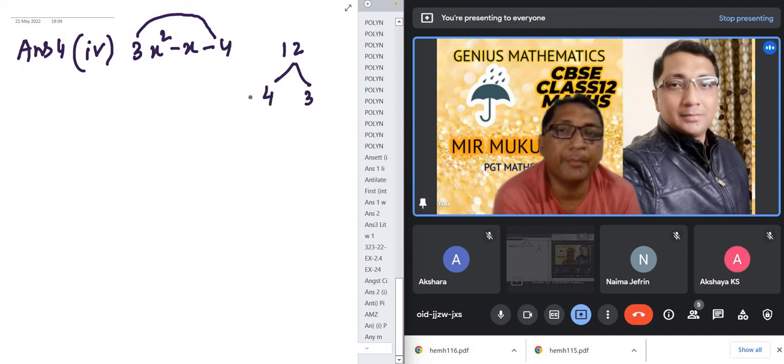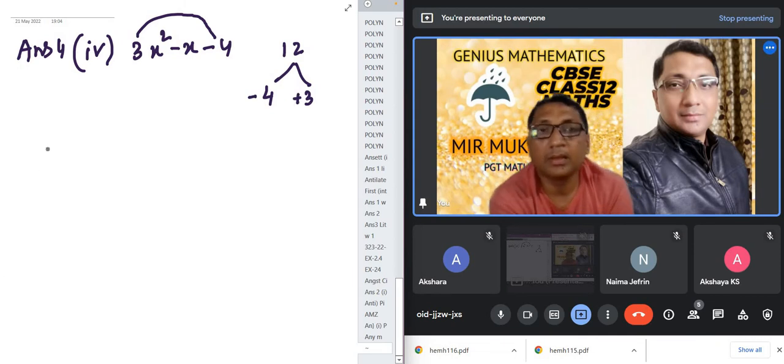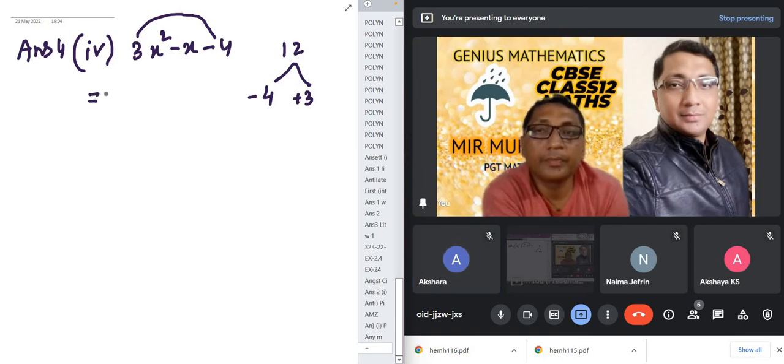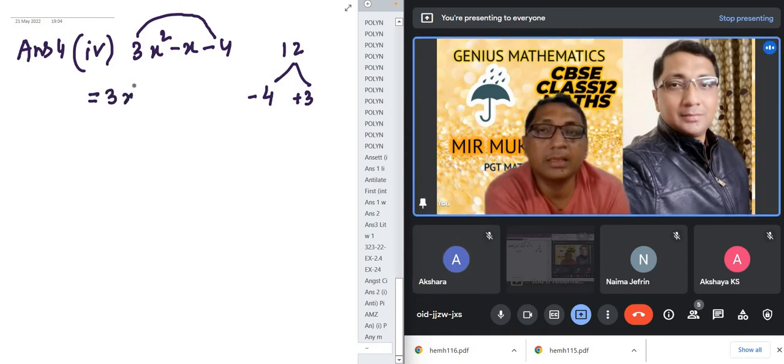Minus 1 how will come? If minus 4 plus 3 will take, then minus 1 will come. Right? Yes, sir. So 3x square minus 4x plus 3x minus 4. Right?